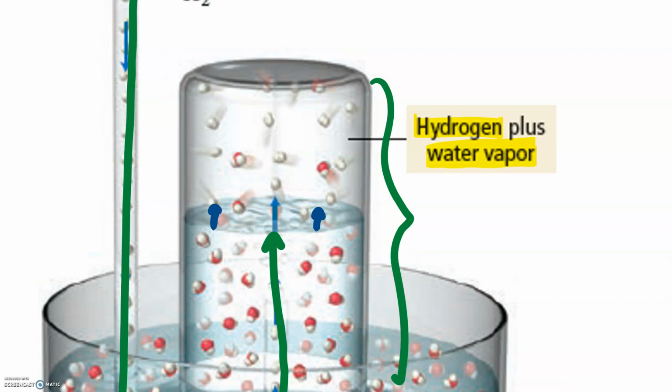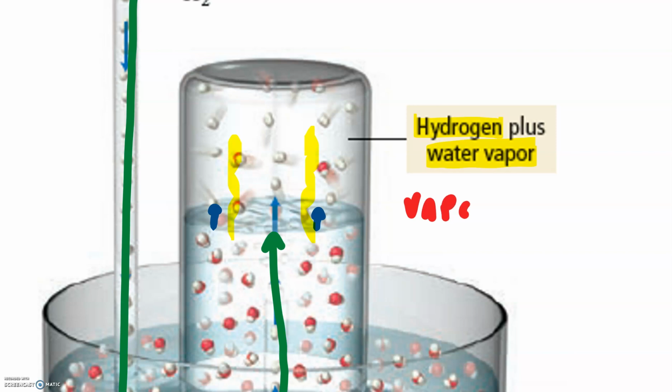So when we're calculating the amount of gas that we collected, we need to subtract whatever water vapor we might have collected. And it's really easy to do, because the hotter the temperature of the room that we're in, the greater the tendency of our water to evaporate.